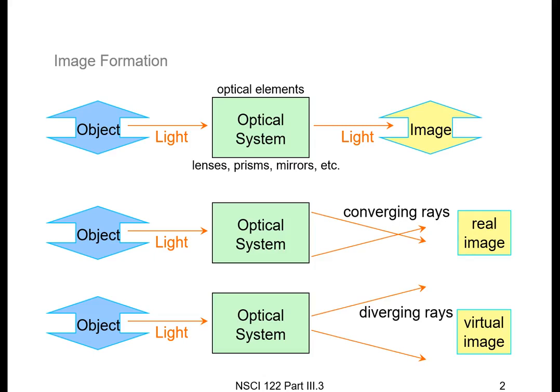Okay, the only way you can see this image is if you're looking at it with your naked eye. Your eye would have to catch some of the diverging rays. So your eye would be over here on the right side, catching some of these rays. Some of these diverging rays would enter your pupil.